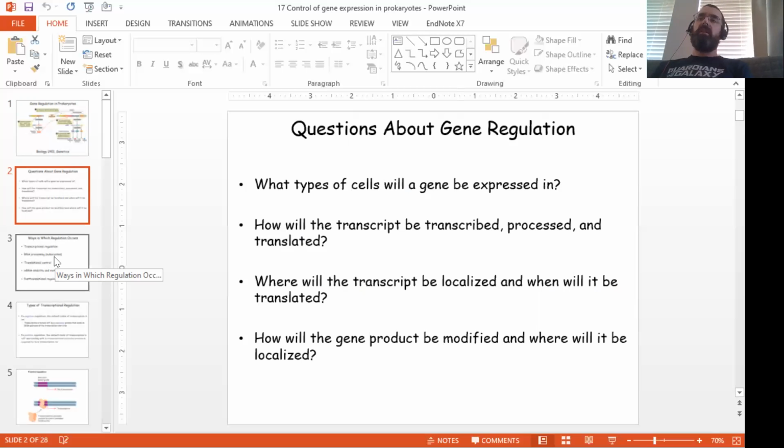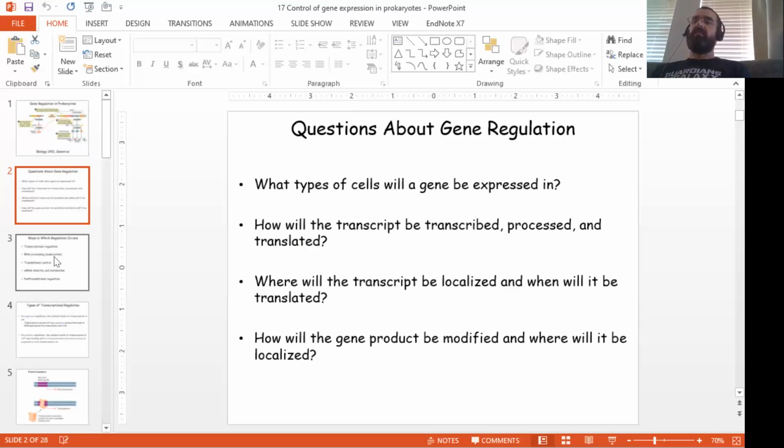Where are these genes going to get expressed? Not all genes are expressed in all cells, particularly in a multicellular organism. Genes resulting in detoxification of, let's say, alcohol are expressed in the liver. They're not expressed in the skin. So what genes are going to be expressed?